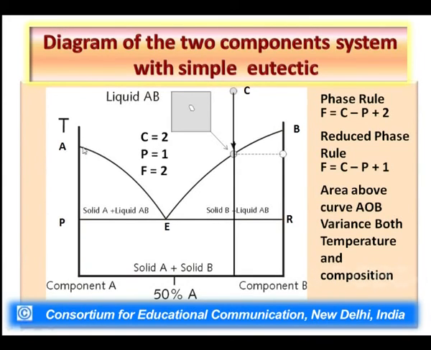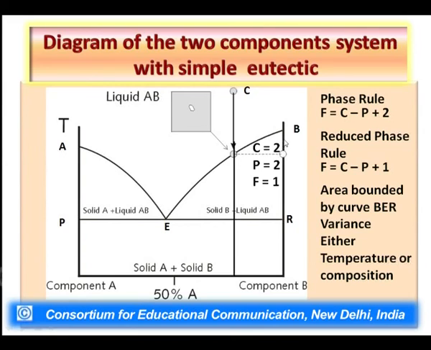At point A, since you have only one substance, it is present in liquid as well as solid phase. So, you have two phases at point A. Similarly, at point B you have solid substance B in equilibrium with its liquid phase. So, there are two phases again for point B. Any point on curve BE has solid B in equilibrium with the liquid phase, that is liquid mixture or melt in other words.